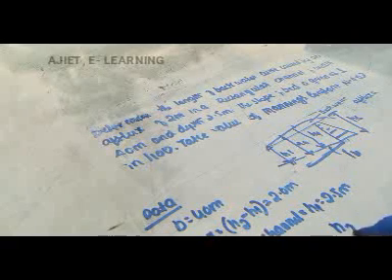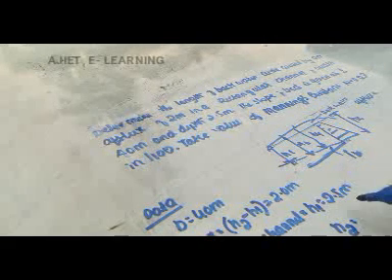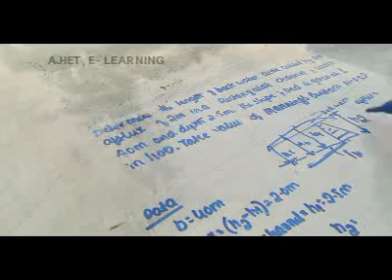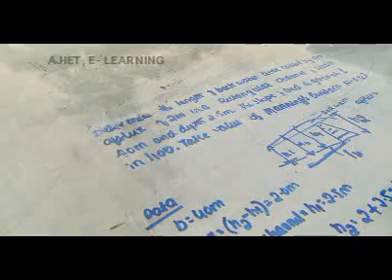h2 minus h1 is 2 meter, so we can find h2. h2 minus h1 is the afflux given, and we need to find the value of h2. How can we find it? 2 plus 2.5, it is 4.5 meter.